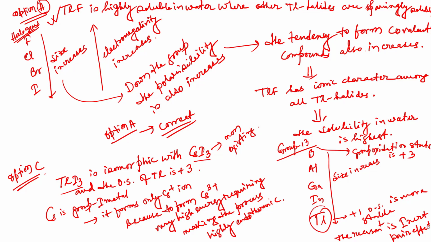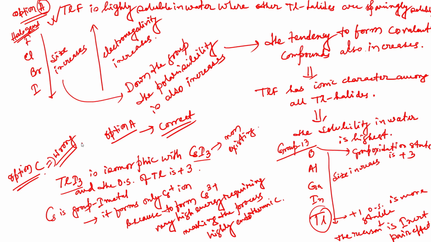So CsI3 is non-existing, and the presence of TlI3 is also a difficulty because of the inert pair effect, where thallium gives the more stable +1 ion to form TlI. Thus option C, which states that TlI3 is isomorphic to CsI3 and the oxidation state of thallium is +3, is wrong, and you can easily state the reasons.